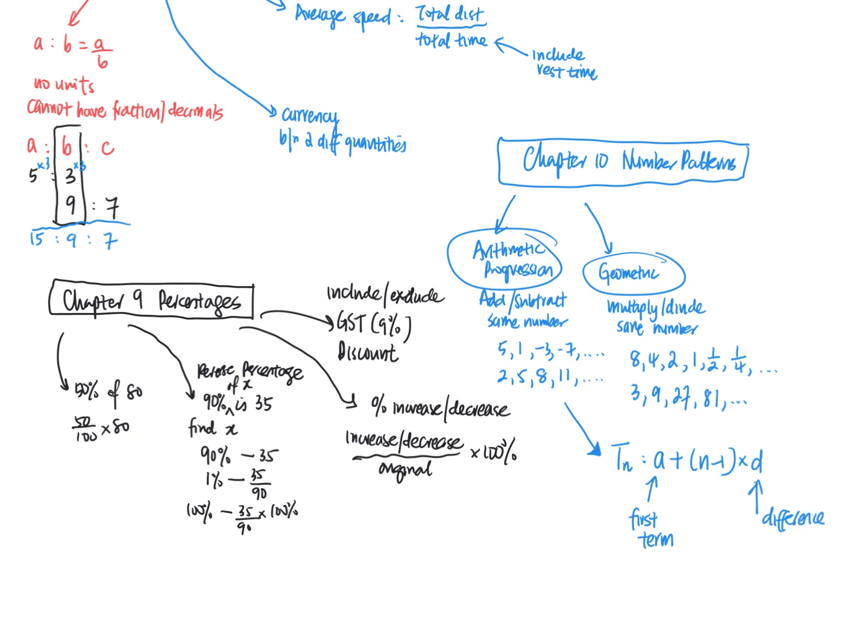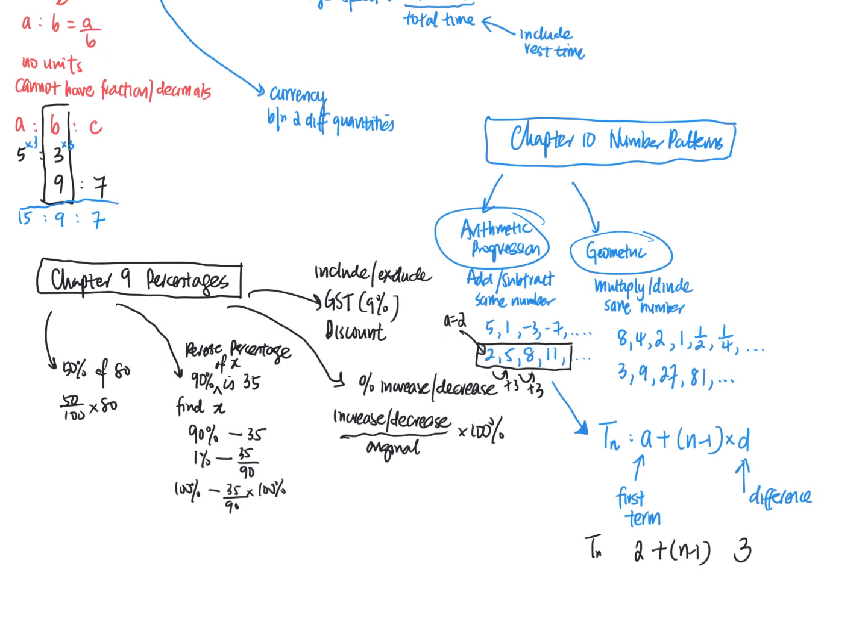Okay, so if we use this as an example, this is the first term. And then the difference between the terms is always a +3. So put in this as 3. So your formula for the nth term is 2 plus 3n minus 3. So this is the formula to get you to the term you want.